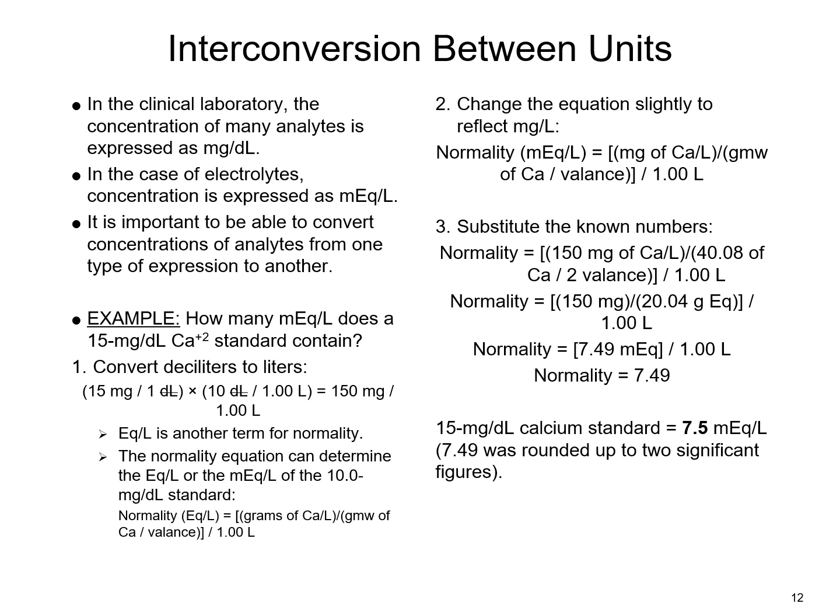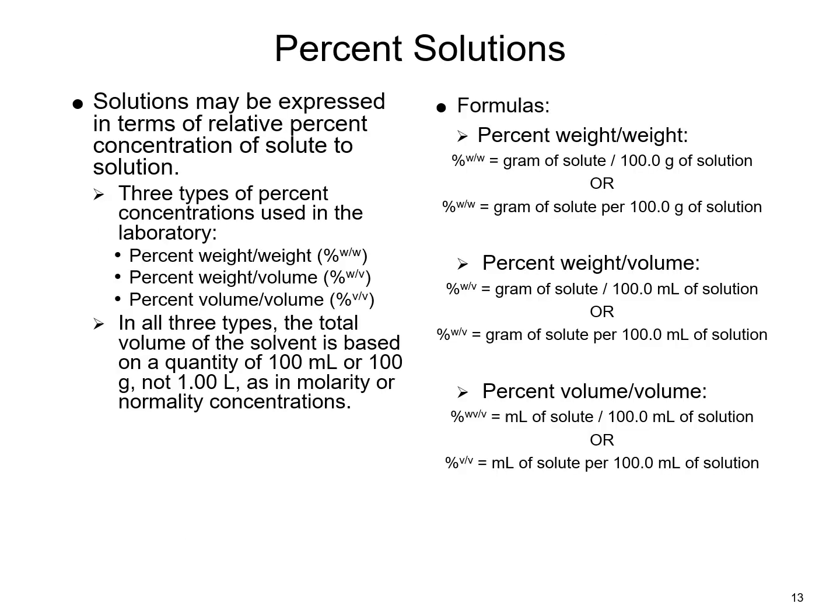Then we substitute those numbers in, and once we do the substitutions, that gives us a normality of 7.49. So therefore a 15 milligram per deciliter calcium standard is going to equal 7.5 milliequivalents per liter of that normality solution.